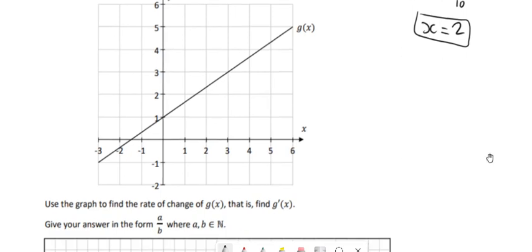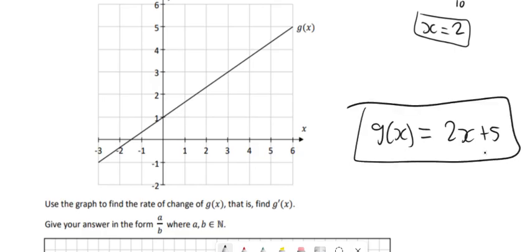We have to find the rate of change, so of g of x, that is g dash x. So that's g of x. So really all our g dash x is going to be is our slope. So you imagine any line, that's a linear, that's a line. So if you imagine the line y is equal to 2x plus 5, just pretend that was g of x for a second.